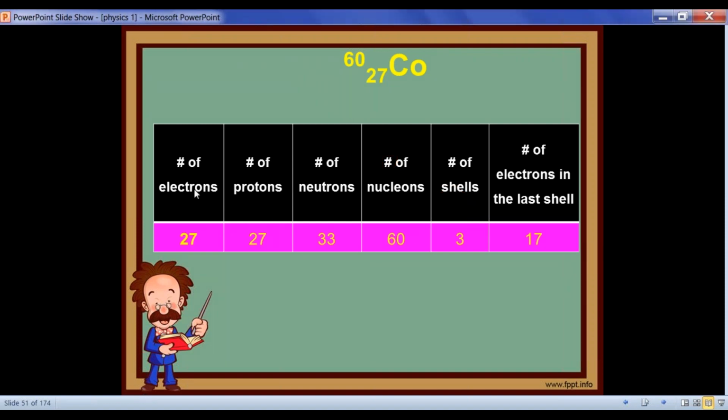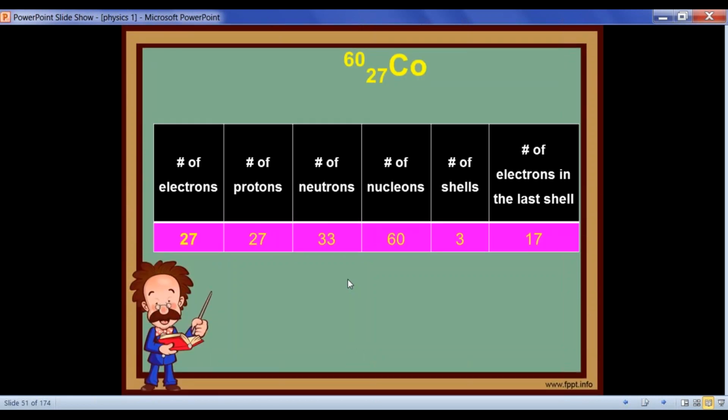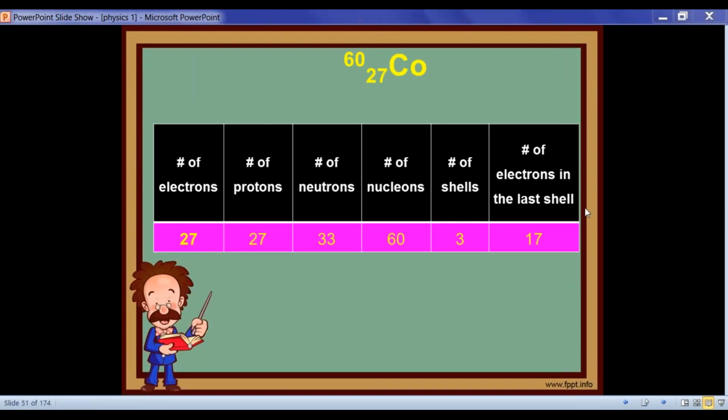So number of electrons, we have 27 here. Then we have number of protons, also 27.